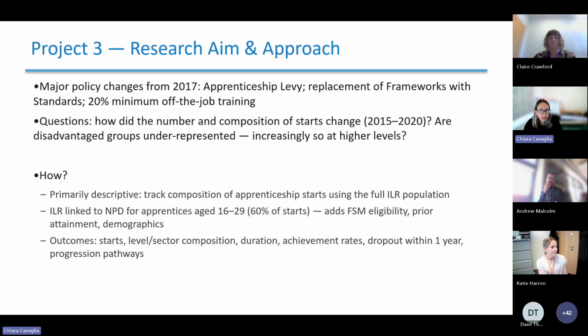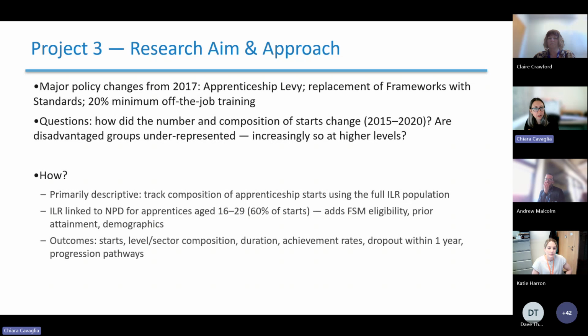So we basically used the full ILR. We called it raw ILR. I don't know if this term still applies, but the ILR on its own to look at the full ILR population.